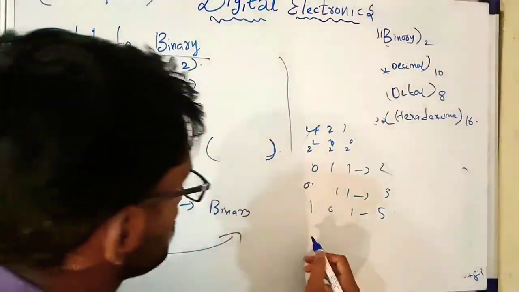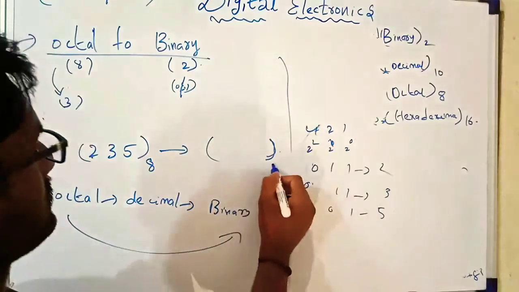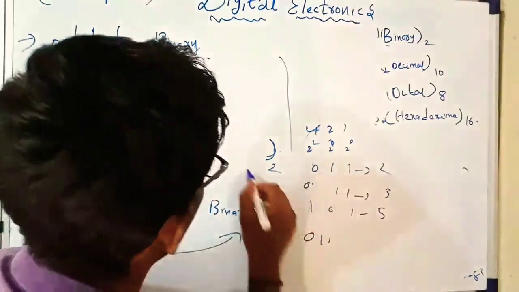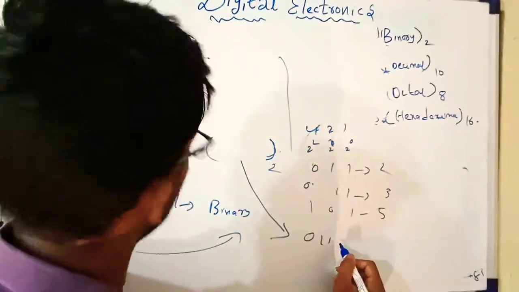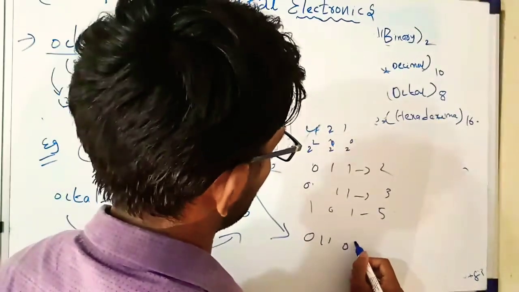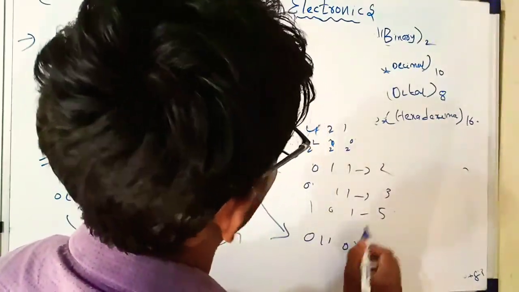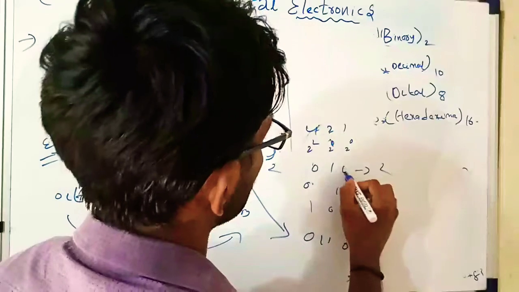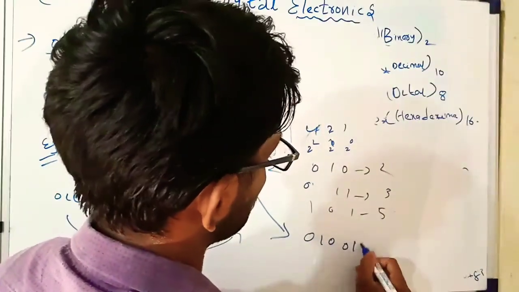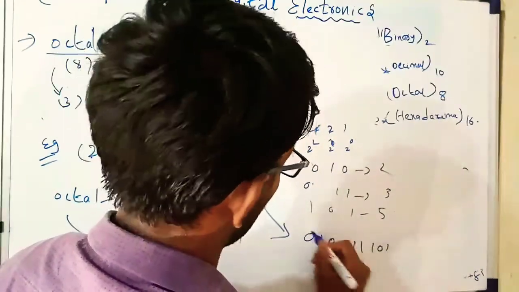So write this in terms of bits. This is 0 1 0, for 3 it is 0 1 1, for 5 it is 1 0 1. So 0 1 0 0 1 1 1 0 1.